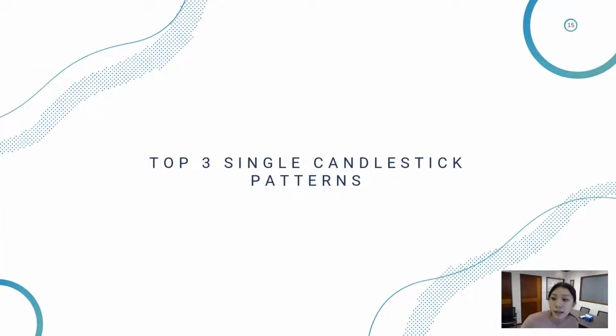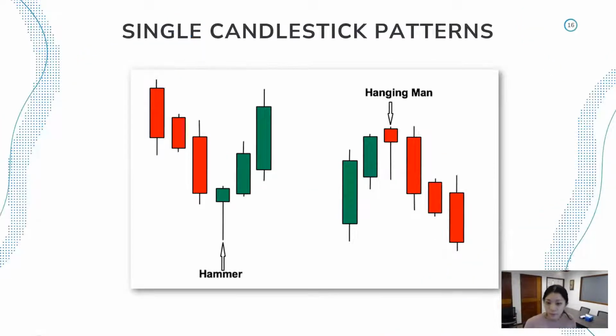Okay, how to identify the top three single candlestick patterns? If you see this pattern, this is called the hammer, because you have a longer wick here, and price tries to push down all the way down, and it goes up here. The hammer is normally stronger than the hanging man.